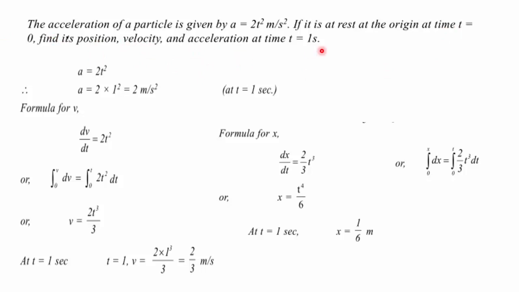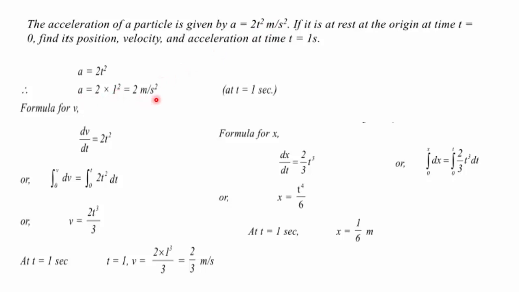That means the particle at time t equal to 0 was at the origin at rest. So you have to find out the particle's velocity, position and acceleration at time 1 second. I already have a, it's variable, it's not constant, but depends upon time. So I just substitute the value of t as 1 second, and I get the value of acceleration at 1 second.